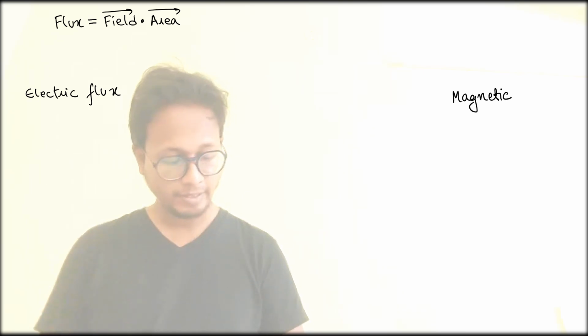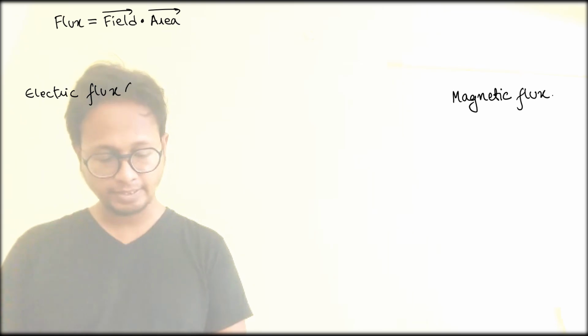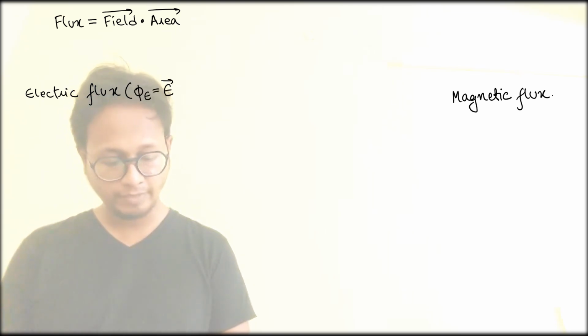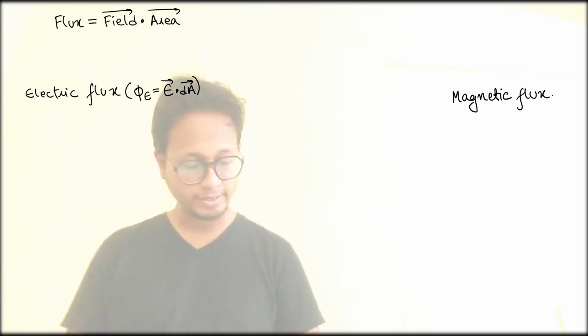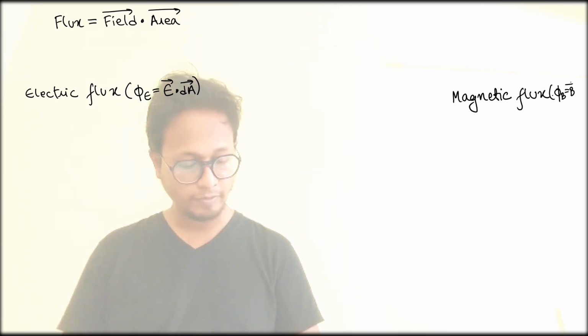Electric flux, given by phi, is nothing but the dot product of electric field and area. Similarly, magnetic flux, given by phi b, is nothing but the dot product of magnetic field and area.